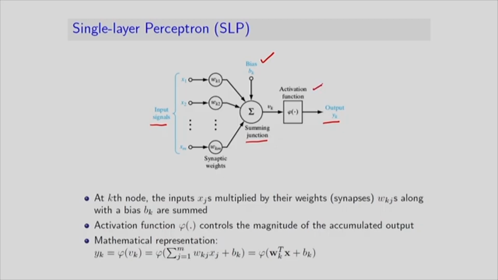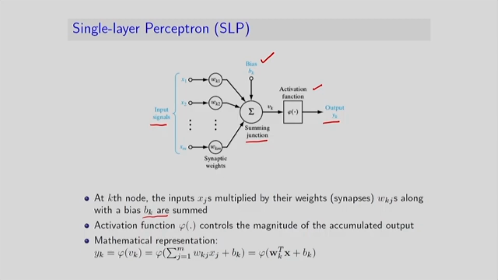At the kth node, all the inputs xj are multiplied by their corresponding weights, along with the bias bk, and summed. I have already explained this concept. So I have to consider weighted inputs: the input is multiplied with the corresponding weights and summed up, and also we have to add the bias.